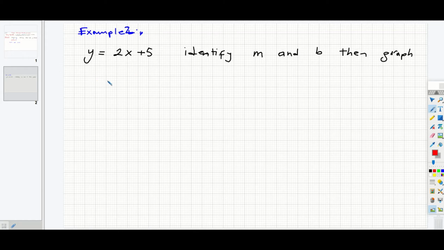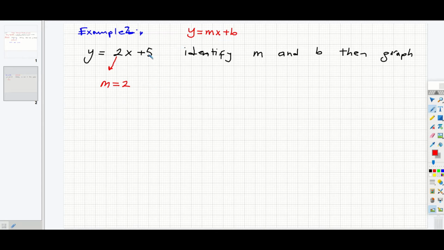M will be equal to 2, right? Because the coefficient of x in the form y equals mx plus b is always going to be our slope if it's in slope-intercept form, and the constant will be our y-intercept.